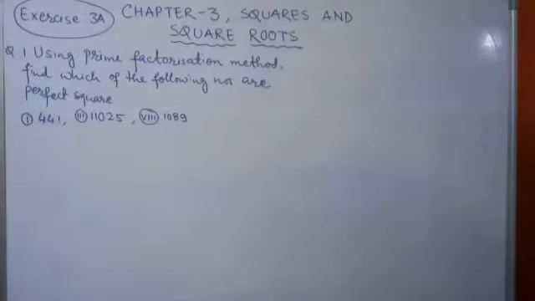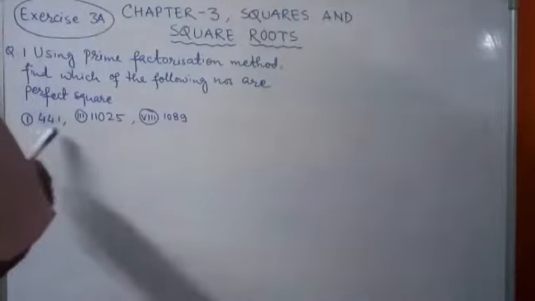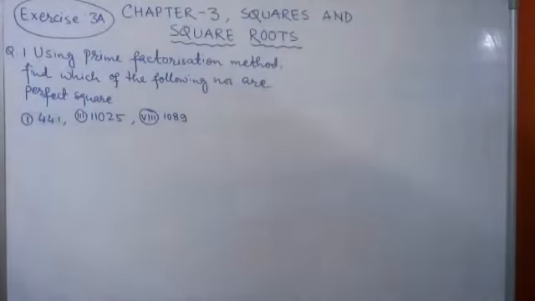Using prime factorization method, find which of the following numbers are perfect squares. Children, here I have taken only 3 questions out of 8. Now my question is, what are prime factors? In your previous class you gained knowledge about prime numbers.